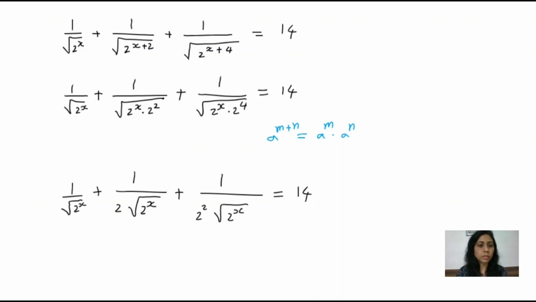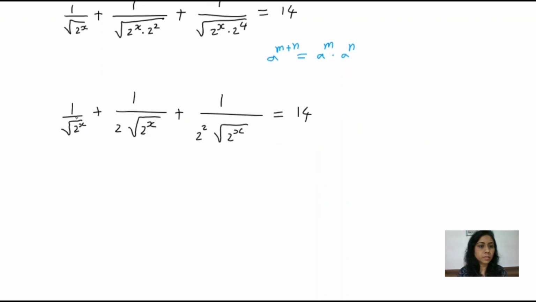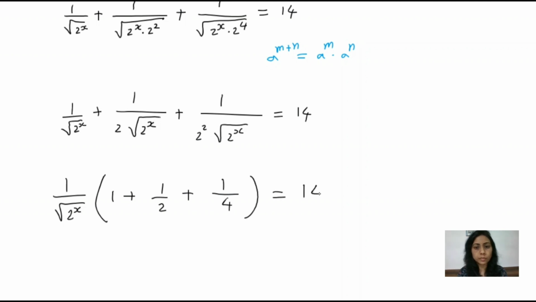Now you can see here (1/√2)^x, we can take common. So here left 1, here left 1 upon 2, and here left 1 upon 2 squared. What is 2 squared? 2 squared is 4, equal to 14.